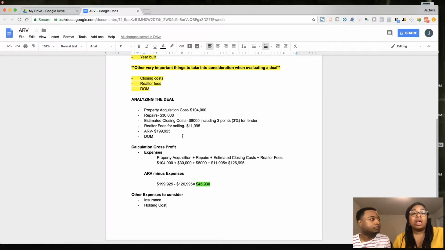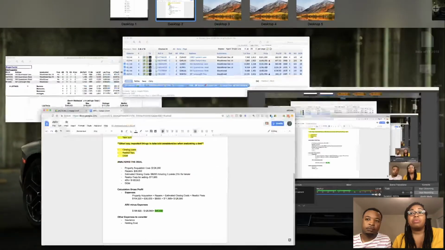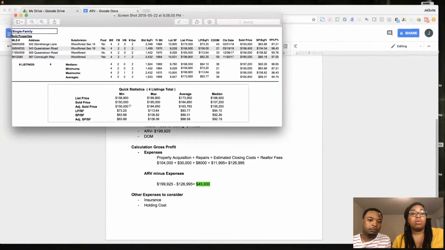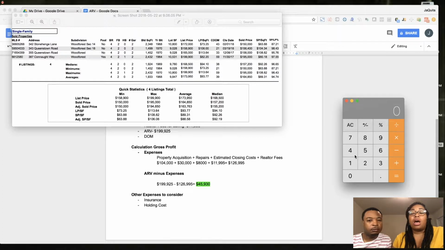So I want to take you all to a couple of the screenshots I went through during the last video to show how I came up with some of these numbers. The property is about 2257 square feet, and we always take the average amount.